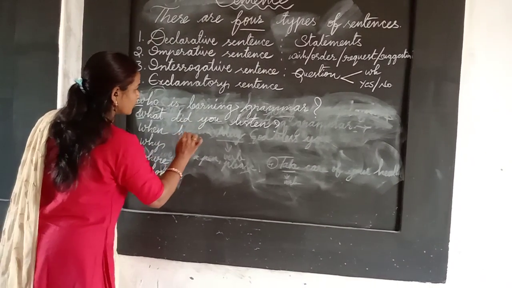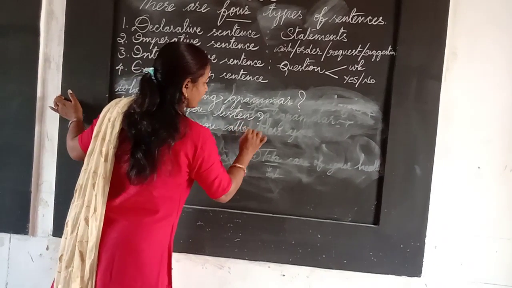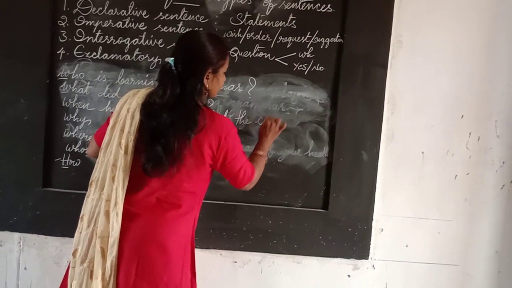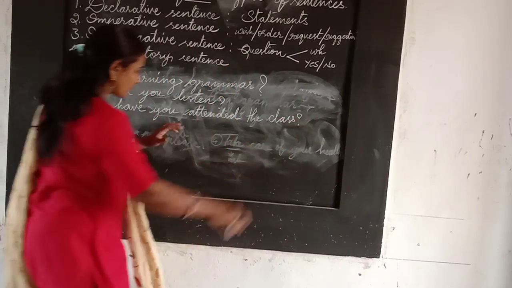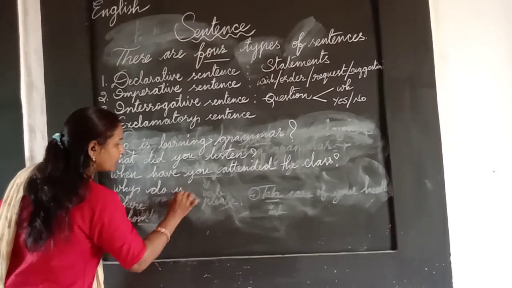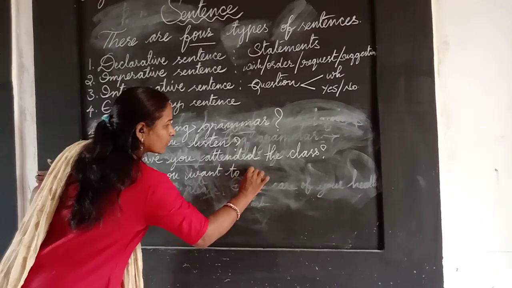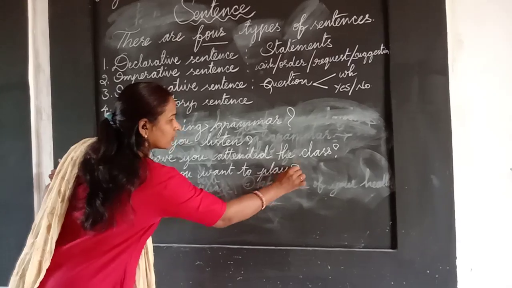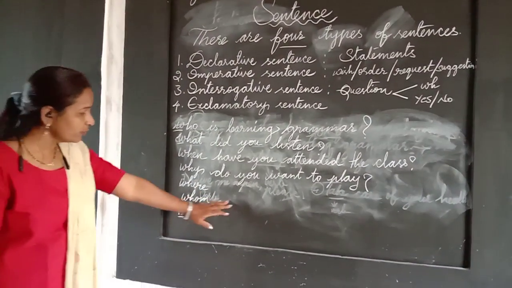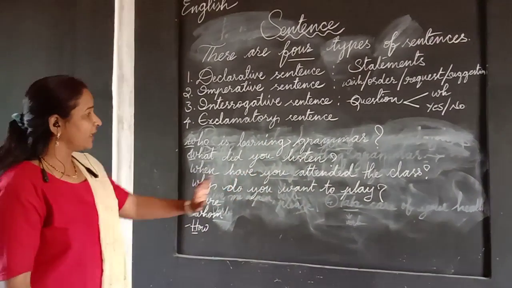When have you attended the class? Why do you want to play? Where have you gone? Where did you go? Whom do you want? How are you? Etc. These are all WH questions.